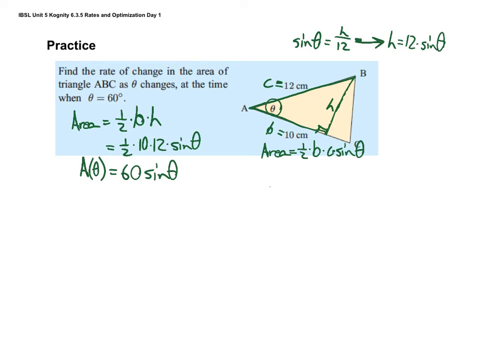I'm looking for rate of change. What am I going to do? You're going to take the derivative. So A prime of theta is 60 cosine theta.